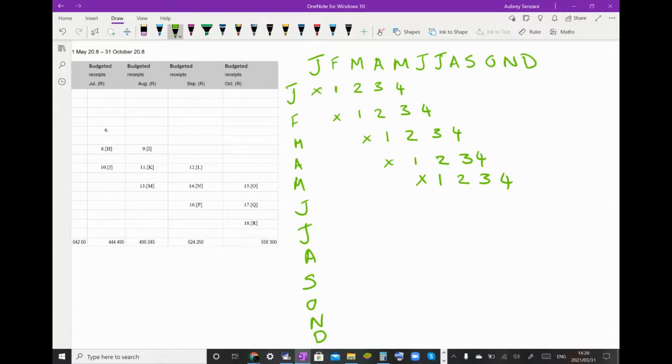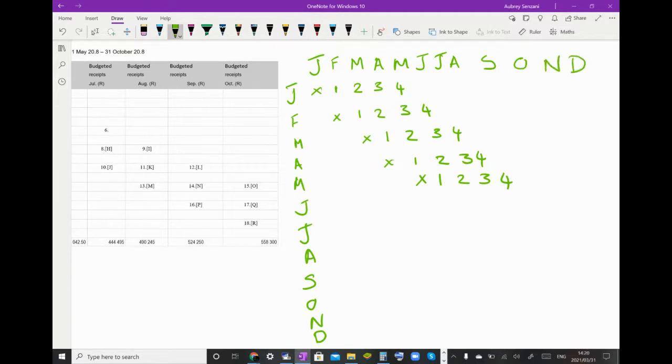So let me try and just, okay, so this one is June, July, August, September. So let me just try stretch that out there. Okay, and then September, October, November, and December.